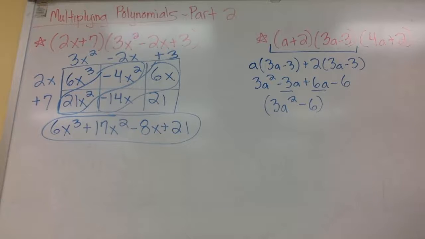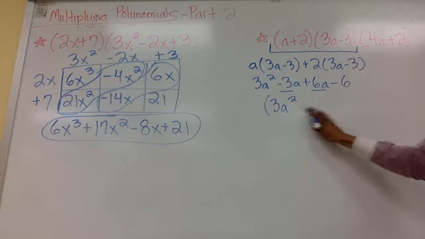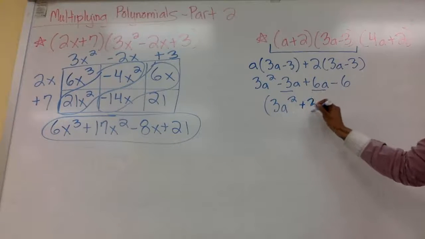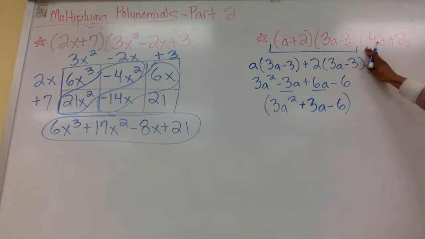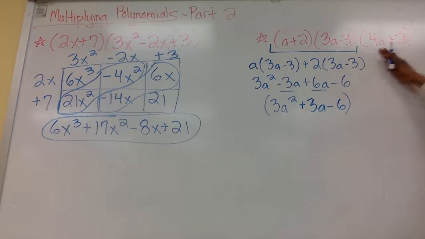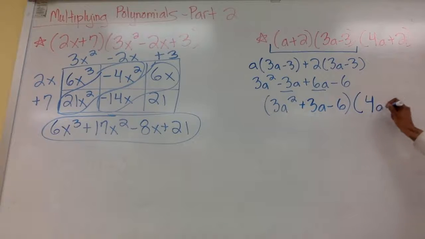Now I need to take this 3a squared plus 3a minus 6, and it needs to be multiplied by 4a plus 2 because I haven't touched the 4a plus 2 yet.